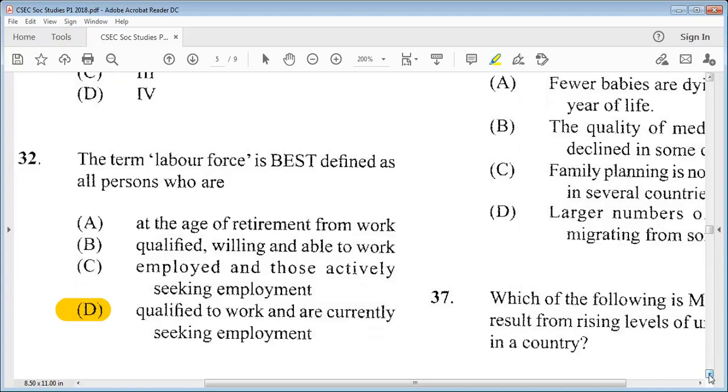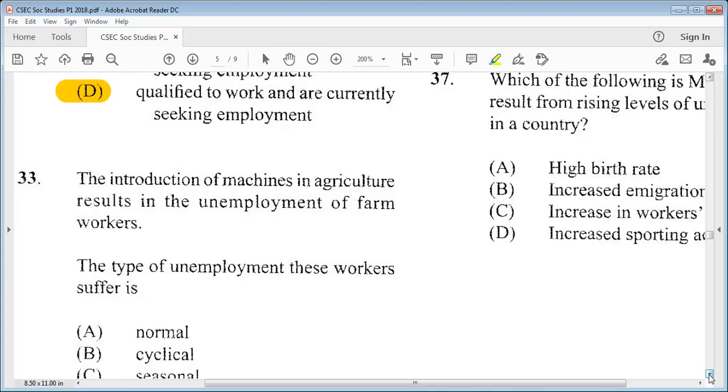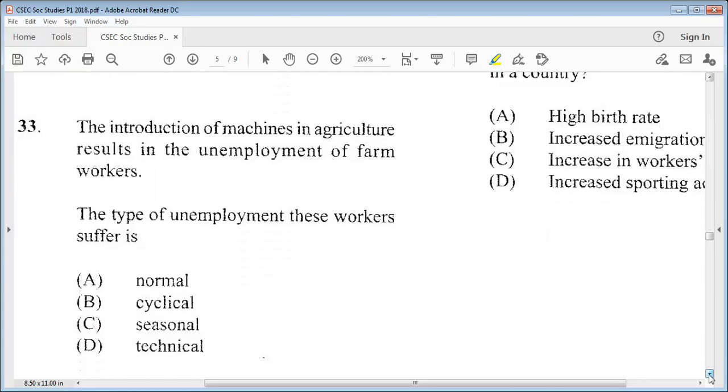Let's go on to question number 33. The introduction of machines in agriculture results in the unemployment of farm workers. The type of unemployment these workers suffer is A, normal, B, cyclical, C, seasonal, D, technical. So what is normal unemployment?